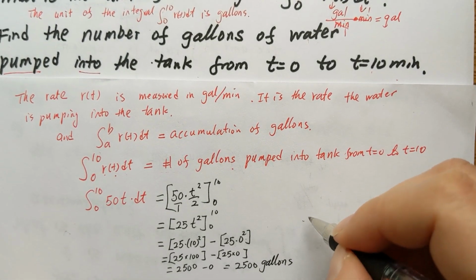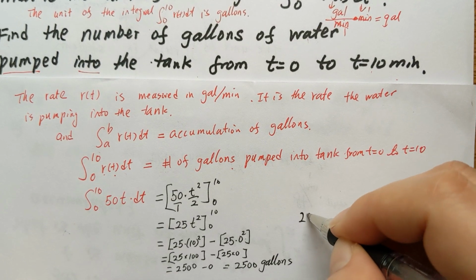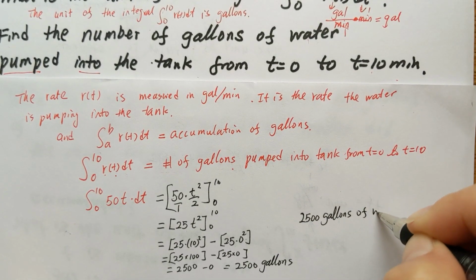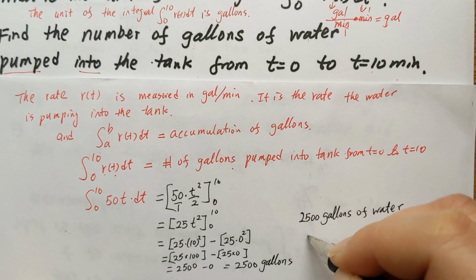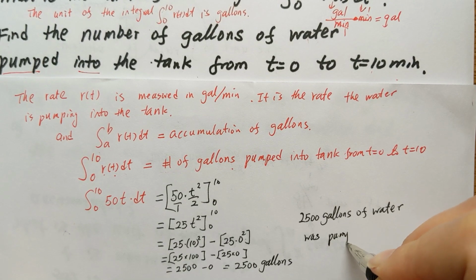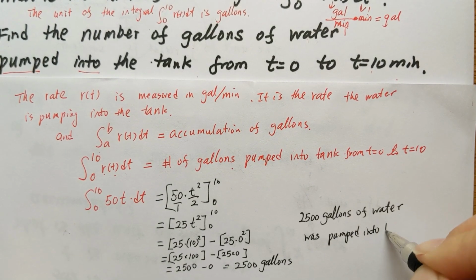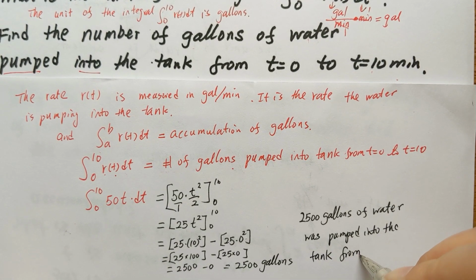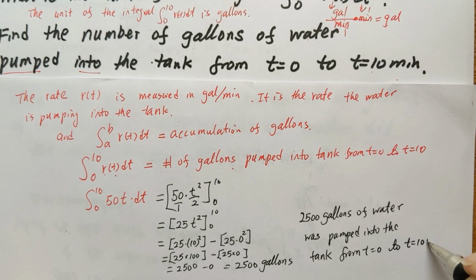So that means 2500 gallons of water was pumped into the tank from t equals 0 to t equals 10 minutes.